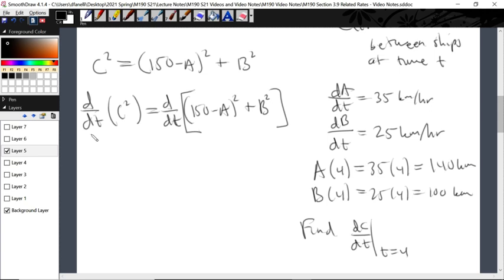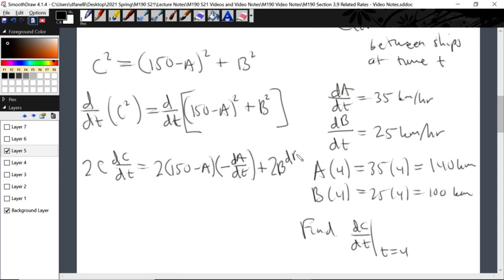On the left we have 2 times C times dC/dt. On the right we're going to have 2 times (150 minus A), then by the chain rule, times negative dA/dt, because the derivative of negative A is going to be negative as well, plus the derivative of B squared, which is 2 times B times dB/dt.